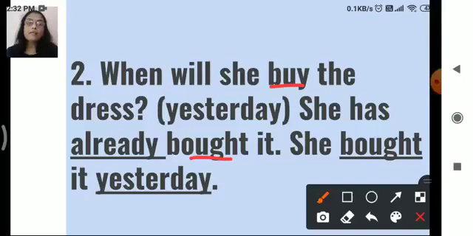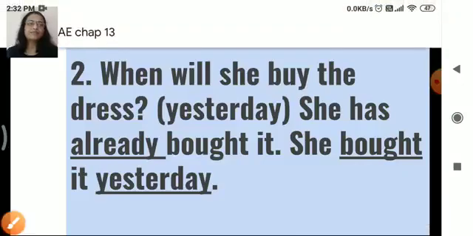And here you can see that the past tense and past participle of buy is same. Okay, so usually you will have the same, but there are some verbs where the past participles are little different. Okay, so what is the answer? She has already bought it. She bought it yesterday. Next.